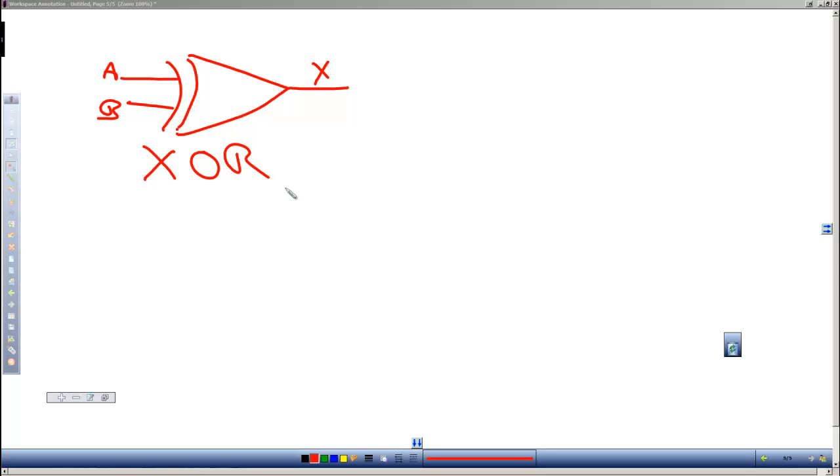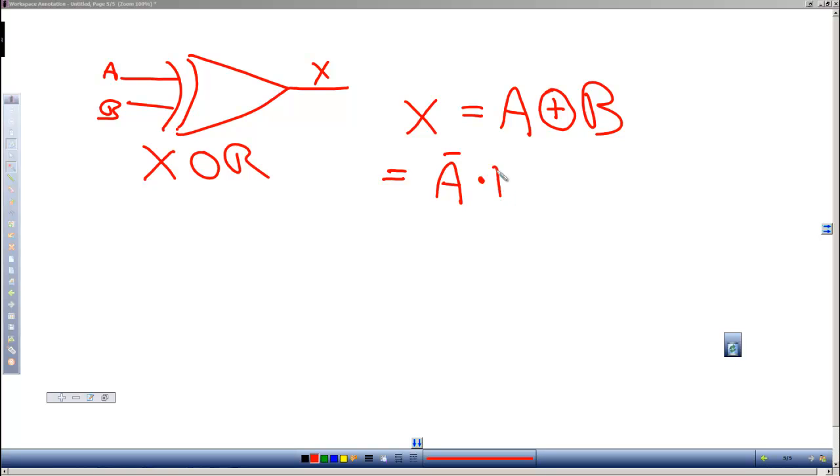And we could express that. The Boolean expression for an exclusive OR is A ⊕ B, where the symbol looks like an OR with a circle around it, or a plus with a circle around it. Algebraically, that is A NOT and B, or A, B NOT.